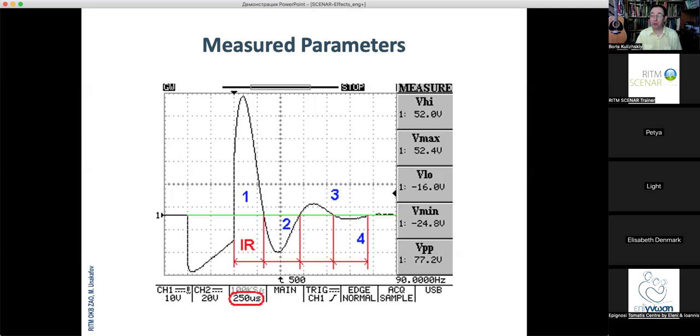You can type in Google, for example, convert time to frequency, and you can see an online converter. You can choose on one side the time in microseconds, and on the other side the frequency in hertz or kilohertz. That's it.